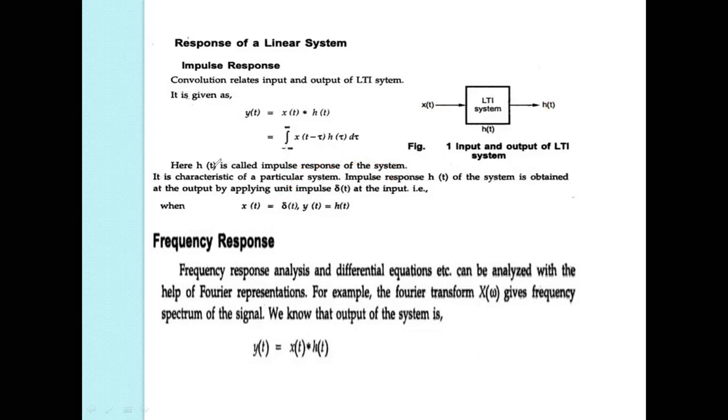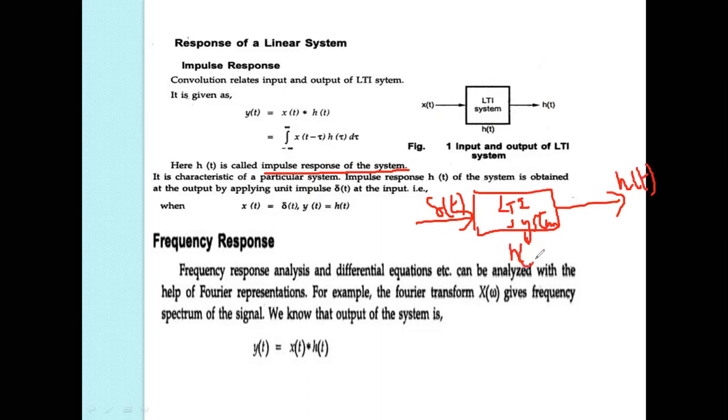Here the h of t is called the impulse response of the system. It is a characteristic of a particular system. The impulse response h of t of the system is obtained at the output by applying the unit impulse signal at the input. If I take the system, which is also a linear time invariant system, and apply delta of t here, you'll get h of t.